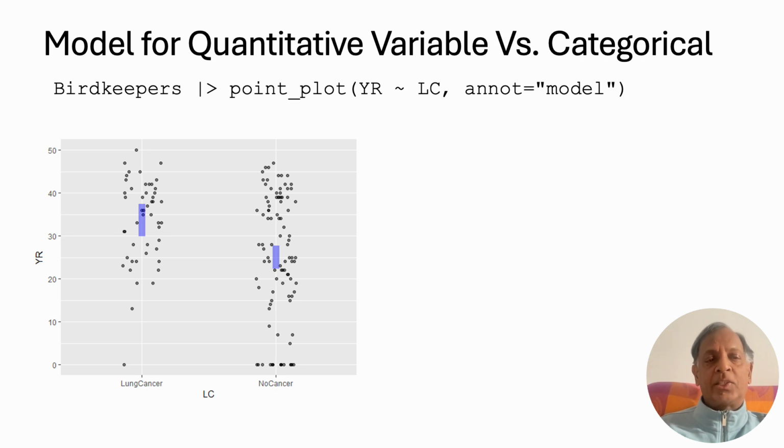The y-axis has lots of points, but in order for us to be able to see all the points, they've jittered it. Then again we have set a not equals model, which means we are telling the system, don't just plot the points, but also show me the model. And when you ask it for the model, it's going to give you the model. But like we saw for the gender versus weight example, the model is a range.